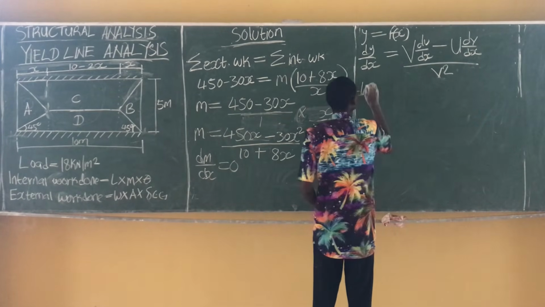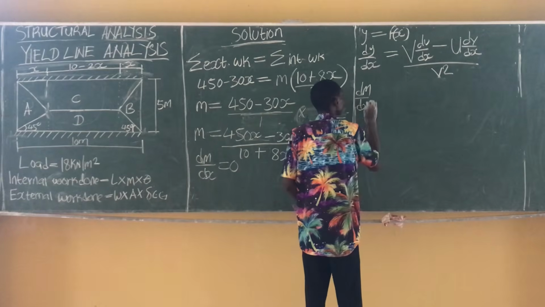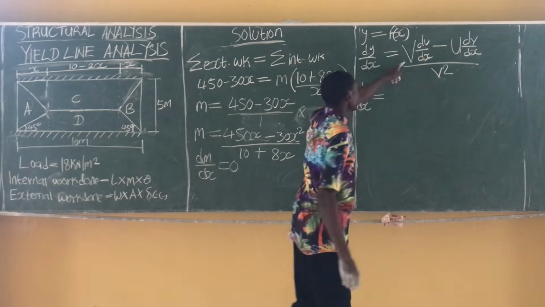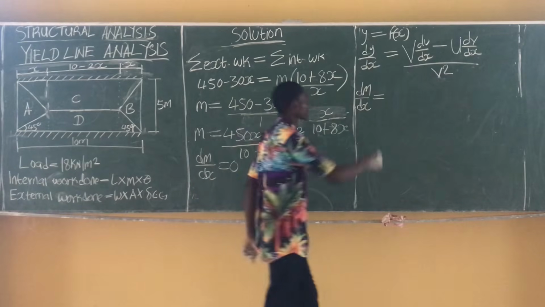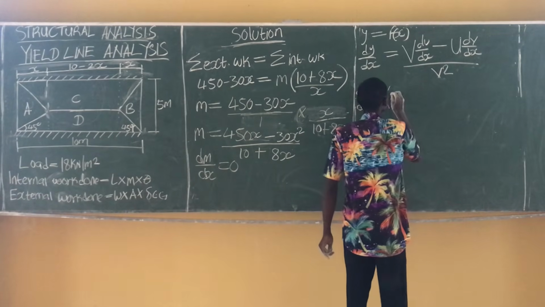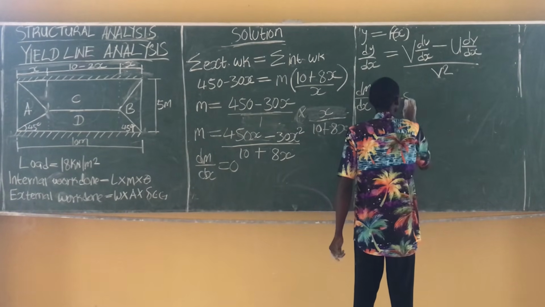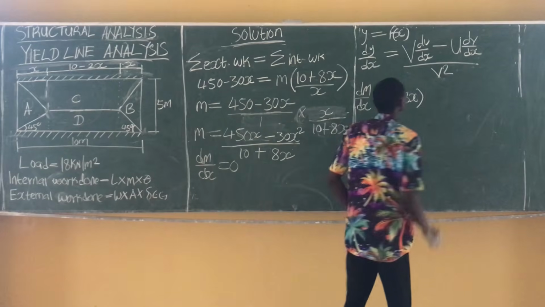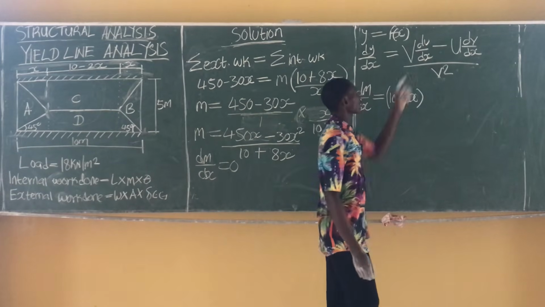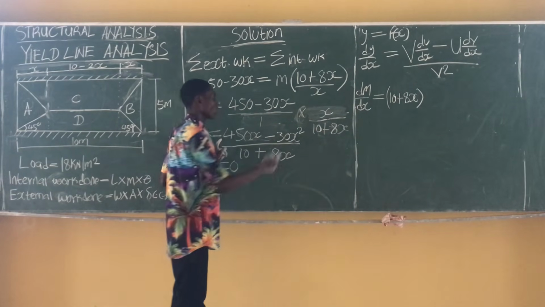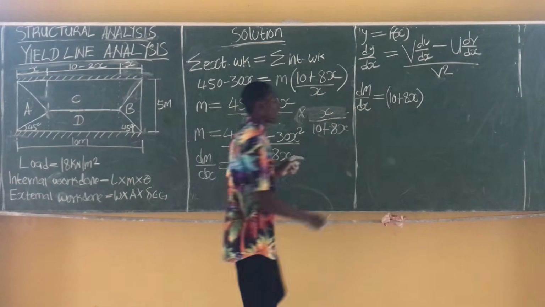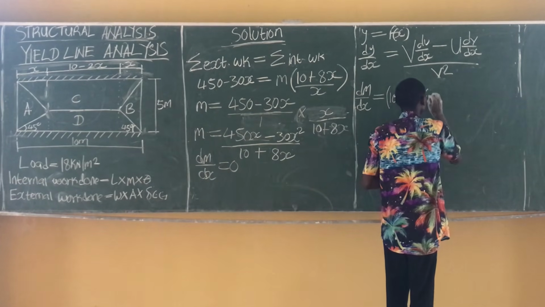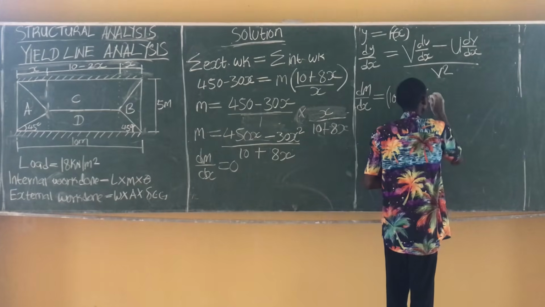Hence, dM/dx is equal to what? Our v is 10 plus 8x, and we differentiate the numerator. If we differentiate 450x, we have 450.